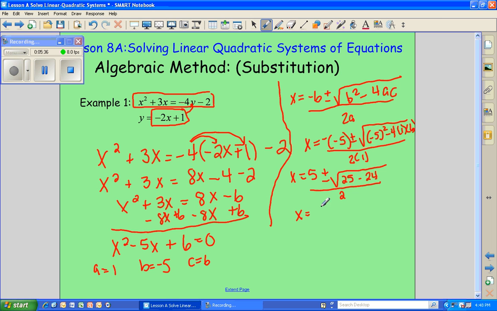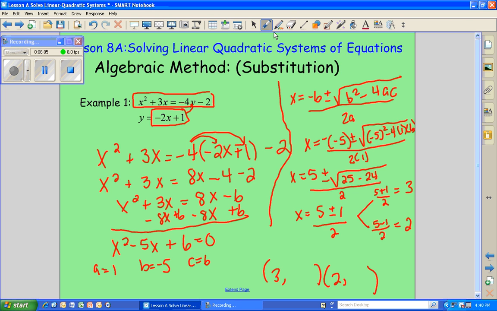So I get x equals 5 plus or minus the square root of 1, which is 1, over 2. So that's going to give me 5 plus 1 over 2, which is 3. And that's going to give me 5 minus 1 over 2, which is 2. So now I know that x could be 3 and x could be 2.